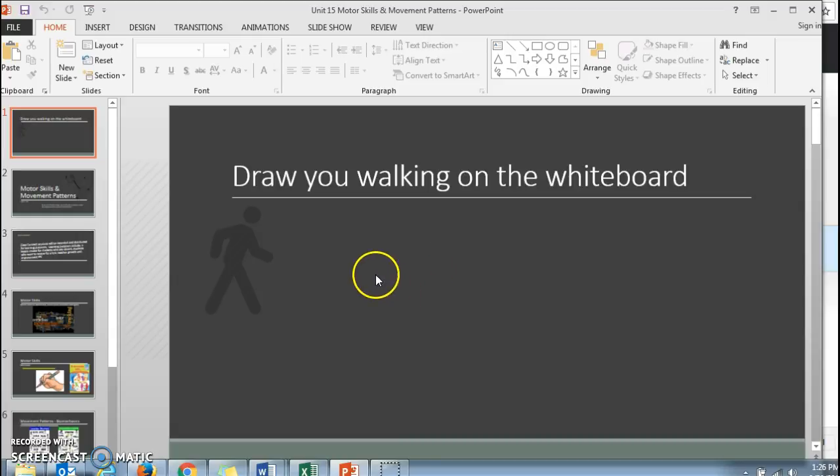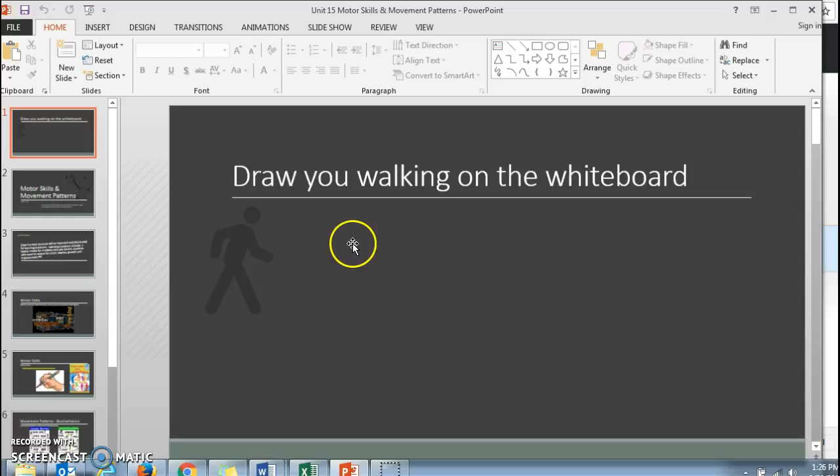The first thing I'm going to have you do, since you're not physically in class here with me, is use the cursor on the screen, your mouse, and do the movement like you were drawing this little guy right here. There's a very specific reason I'm asking you to do this.